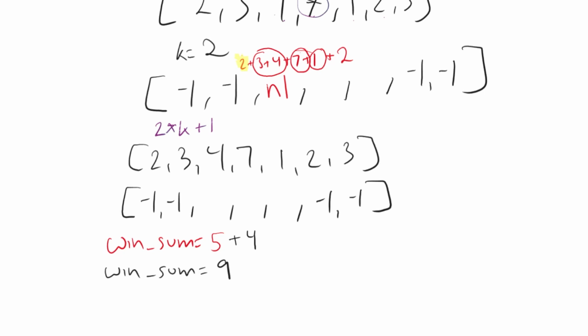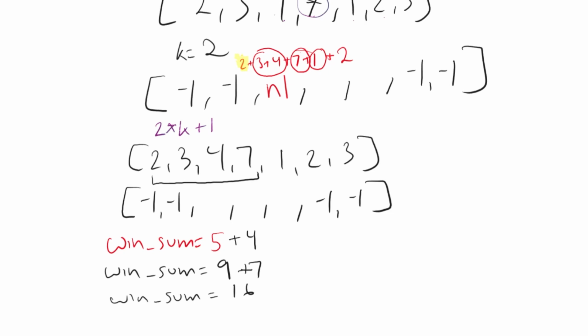And then we add 7. So currently our window is this. We add 7, we get a window sum of 16.